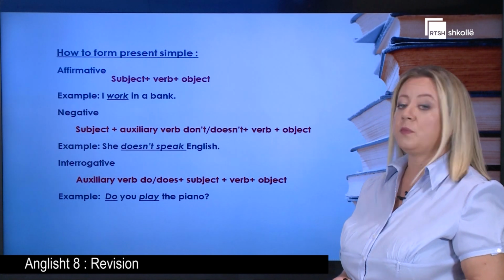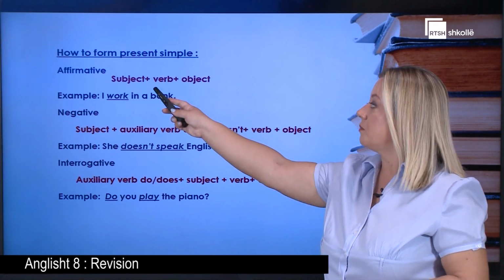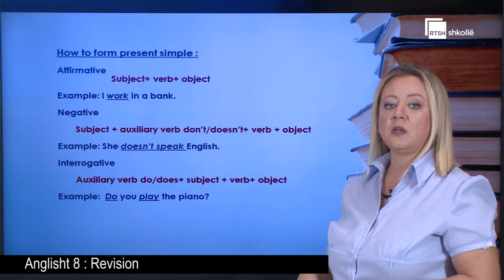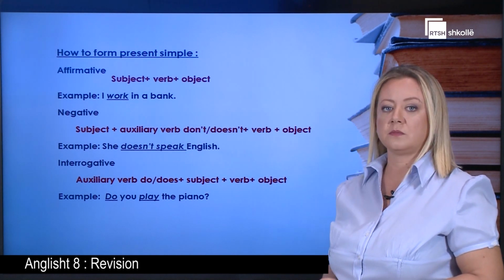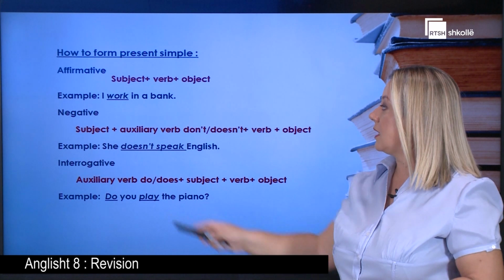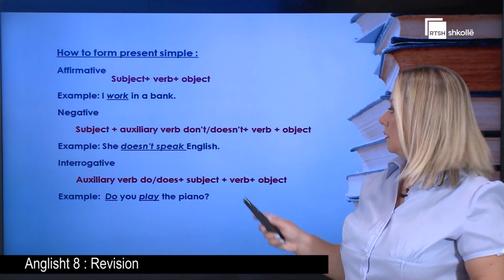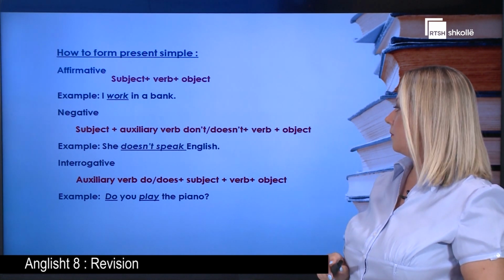How is the present simple formed? In the affirmative, we use the subject plus the verb and the object. For example, I work in a bank. The negative form is subject plus the auxiliary verb don't or doesn't plus verb plus object.